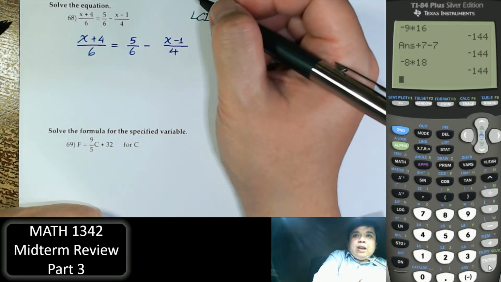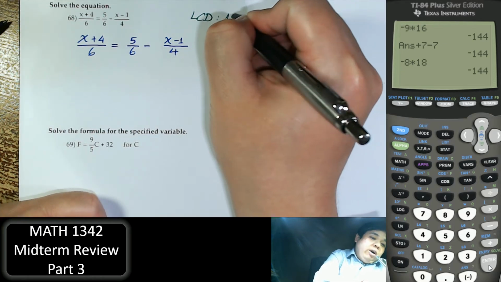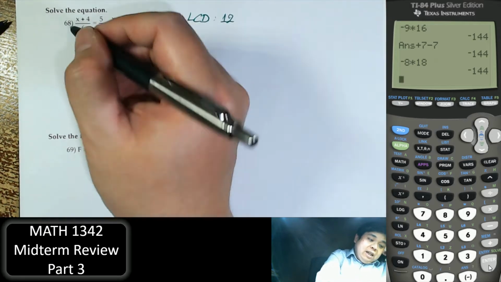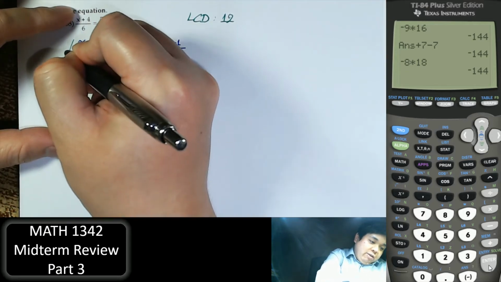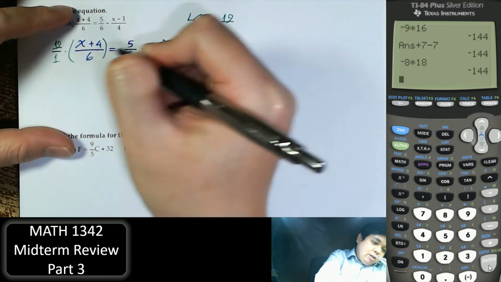That could be 24, but the least would be 12, because 12 is divisible by 6 and divisible by 4. So that is the least. So we multiply that to everything.